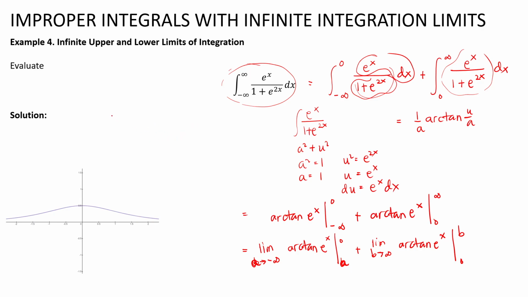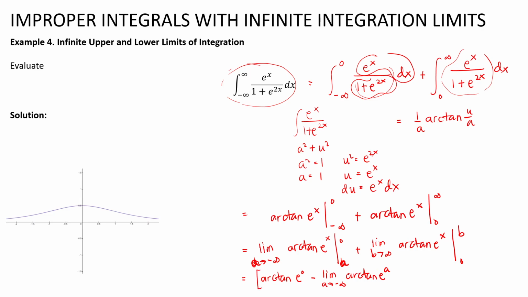Alright, so again, you plug in the equation, so I'm going to put it here lang sa ubos. So arc tangent e raised to the power of 0 and then minus the limit of a approaches negative infinity of arc tangent e to the power of a.